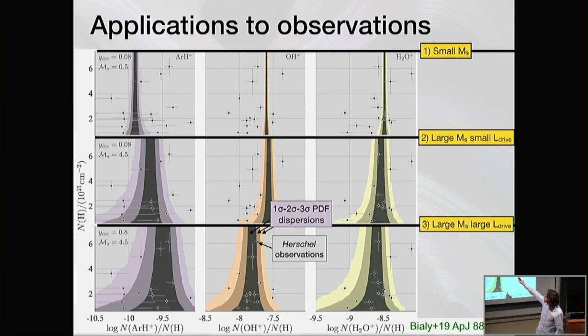And what you can see is that the spread in the species is quite large. So with a model of small Mach number, you get a much smaller PDF compared to what you get from observations. As you increase the Mach number, the PDF becomes wider, but not wide enough. And finally, only when you also assume that the Mach number and the driving scale are large, only then you can reproduce somewhat the observations, the spread and the dispersion and the column densities.